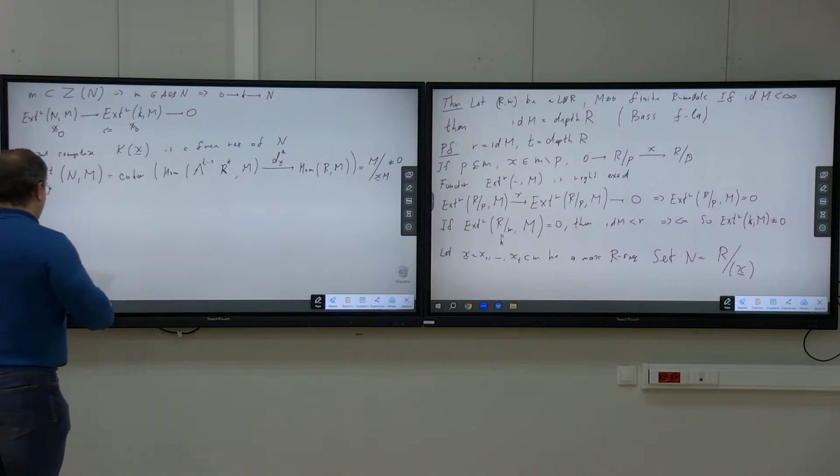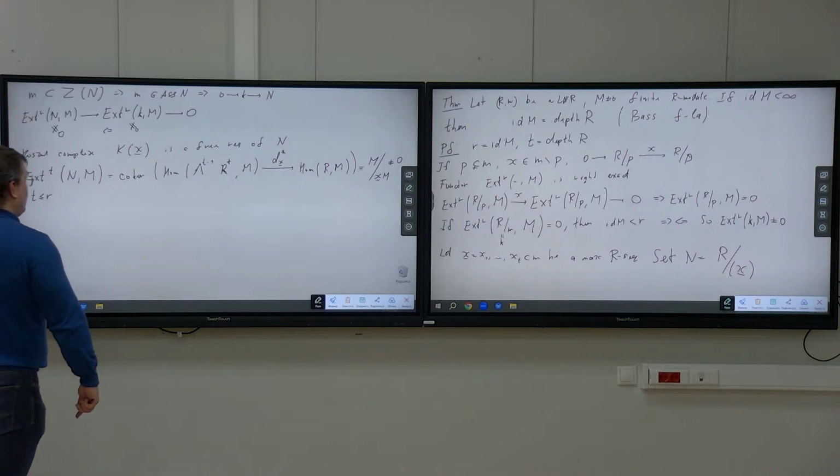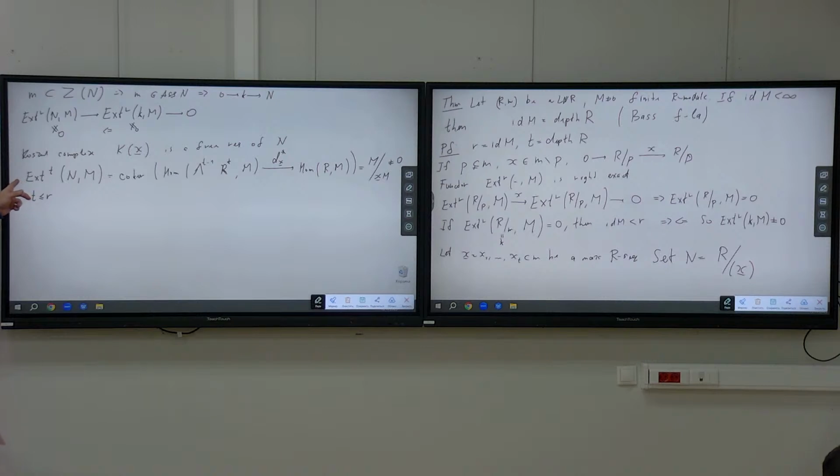But I just want to say that I can see a couple of inequalities. I can see that t is less or equal than r. I see that this Ext with the index t is non-zero. And if I compute this Ext using the injective resolution, and I know the injective dimension of M is r, I need to say that t is less or equal than r. Otherwise, I'll get a contradiction.